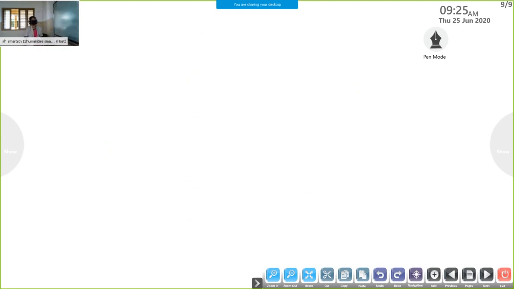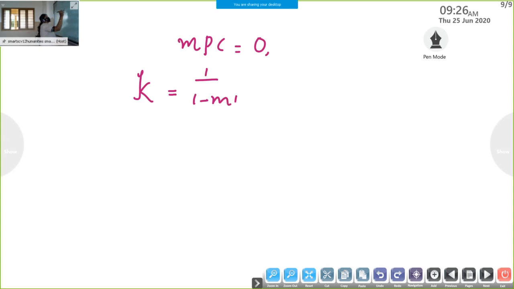We know k is determined by MPC. MPC and k are directly related. What is the minimum value of MPC? MPC is 0. If I put this value, we can find k using the formula 1 by 1 minus MPC.